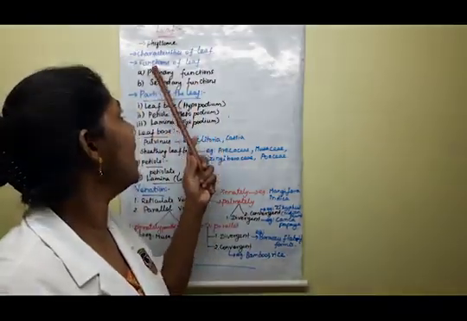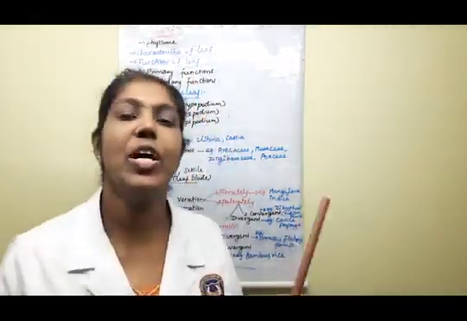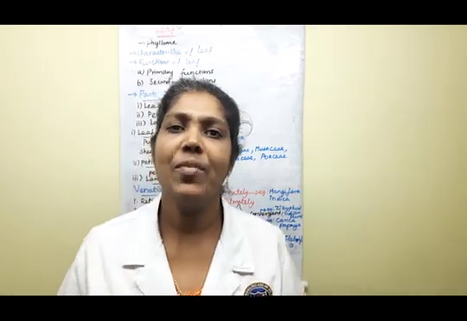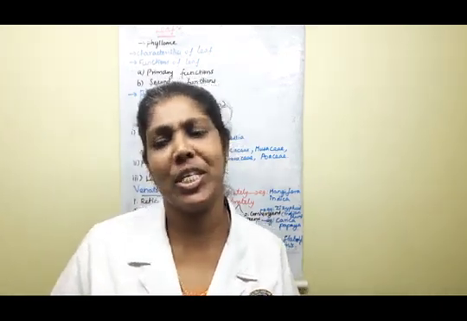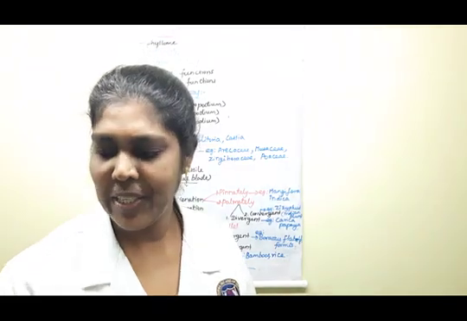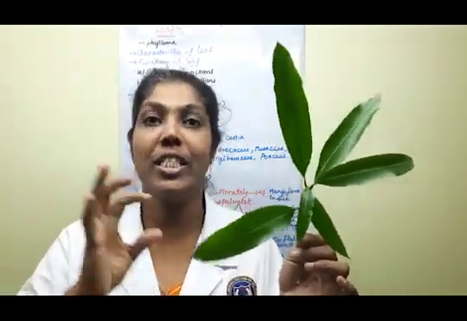Next, we are going to learn about the major functions of a leaf. Do you have any idea about the functions of a leaf, children? If we look at the leaf, what is its major function? Very good. The functions are mainly divided into two types: primary function and secondary function.